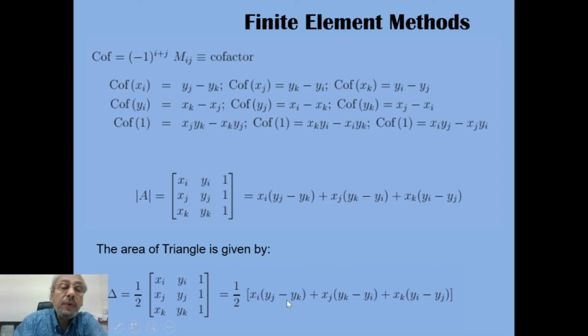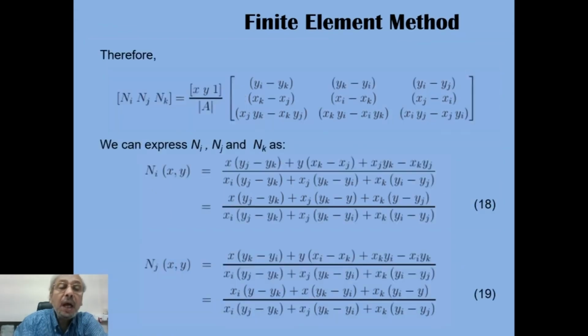So we have found all this, and then we find Ni, Nj, Nk, which is [x y 1], a row matrix, only a single row, multiplied by this matrix which has been formed by taking the transpose of the cofactors of the matrix and dividing by the determinant.